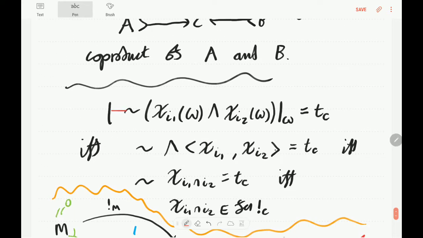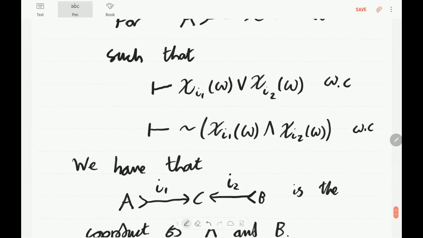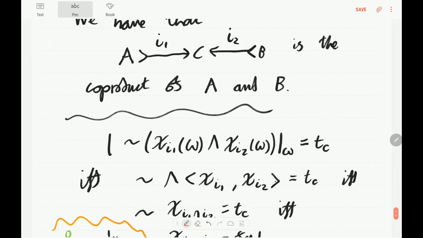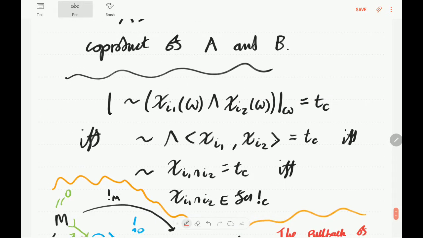So what does it mean? Well, to say this is to say that its interpretation is true, which means that not chi I1 of W and chi I2 of W is true.